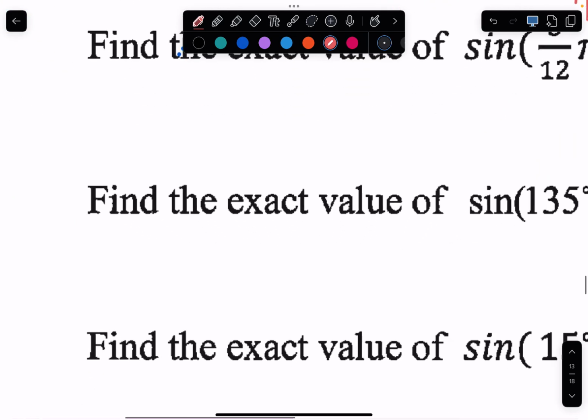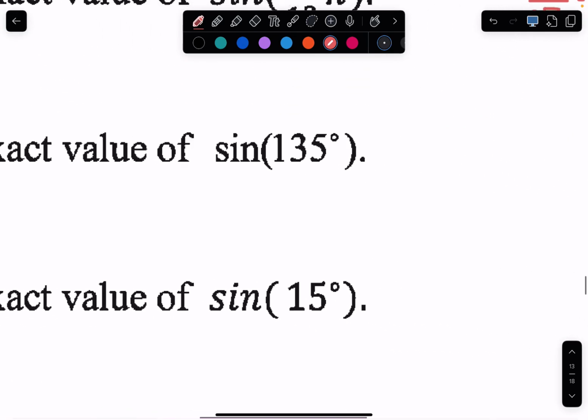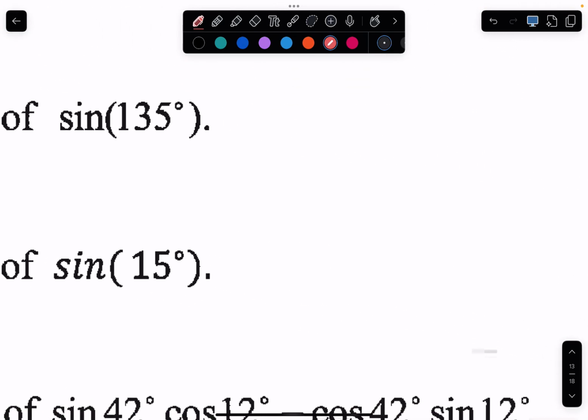All right, what about something like sine of 135? It's already degrees. It's like 90 plus 45. It ends in a 5, so we use 45. We know that we want to do sine 45 degrees plus something.